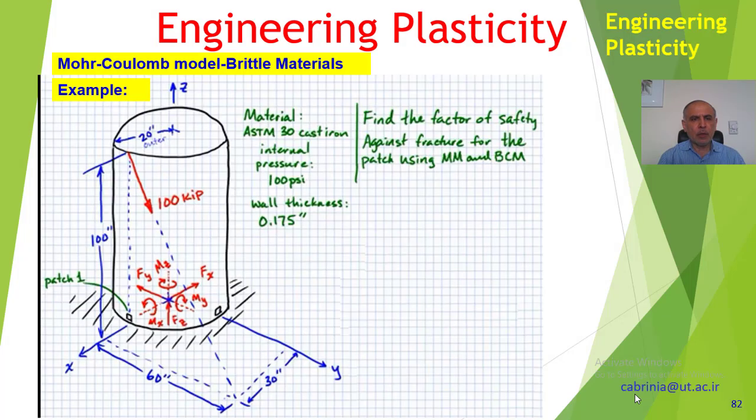I have been talking about the yield criteria for brittle materials and introduced two criteria. One was called the Mohr-Coulomb model, the brittle Mohr-Coulomb model, and the other one we called the modified Mohr-Coulomb, or MM.